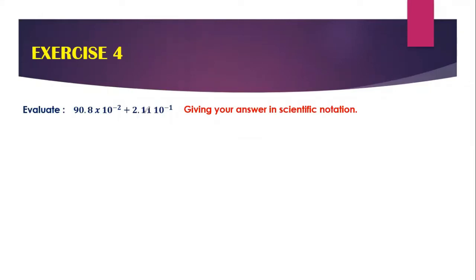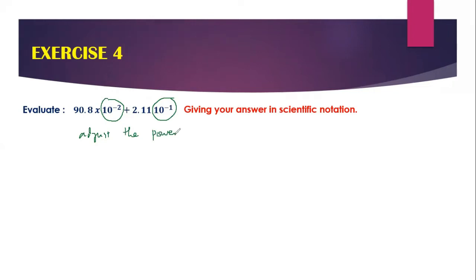Okay, the first thing is you're going to check the power. This one, the power is 10 to the power minus 2. But the second number, the power is 10 to the power minus 1. So you have to adjust the power.